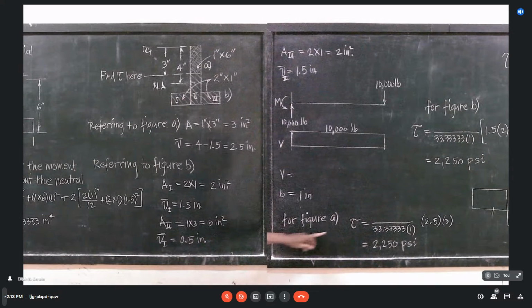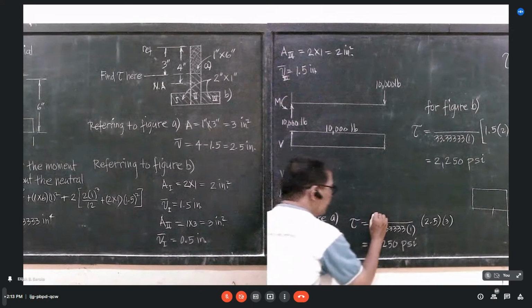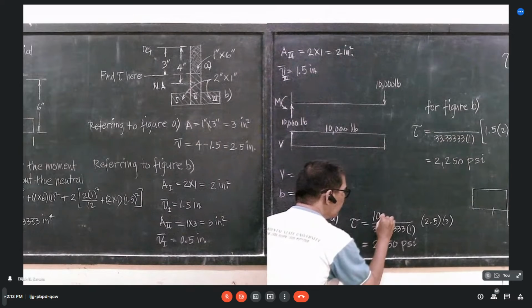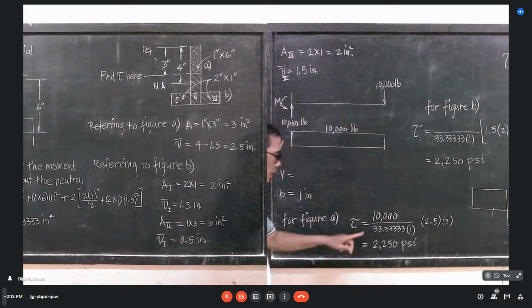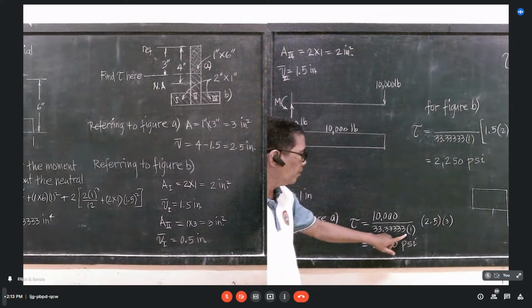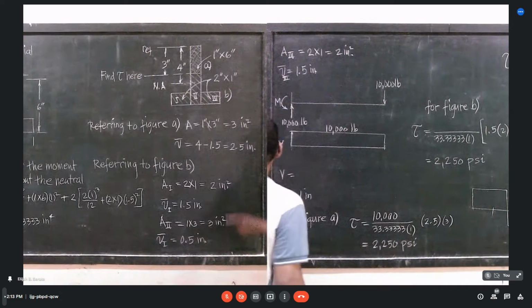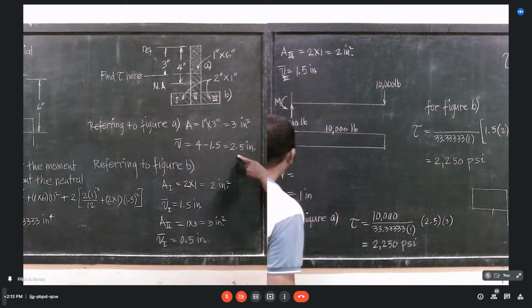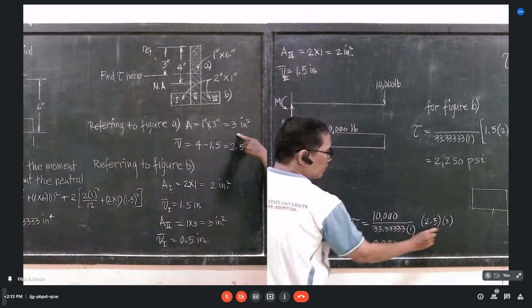So, for figure A, our V here is 10,000. This is the moment of inertia I, and this is our B, being a boy, huh? And this is our V, and this is our A. Okay?